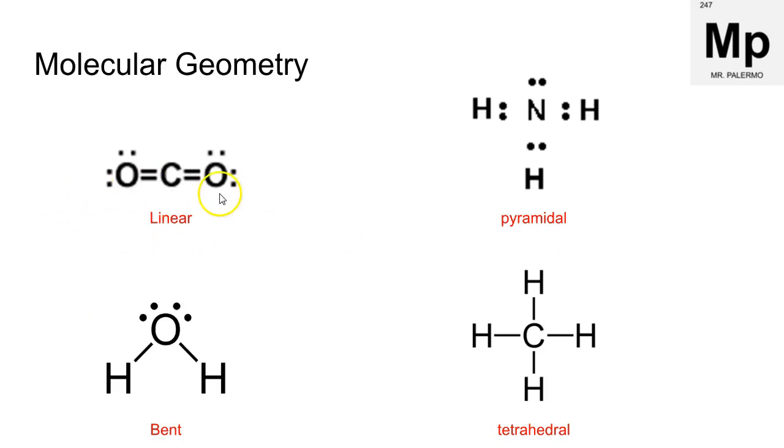When it's straight across, it's a linear shape. When we start to add more atoms or more valence electrons on that central atom, we get this bent shape, such as water. Then we have the pyramid, or pyramidal. And we have 4 atoms around the central atom. That's the tetrahedral.